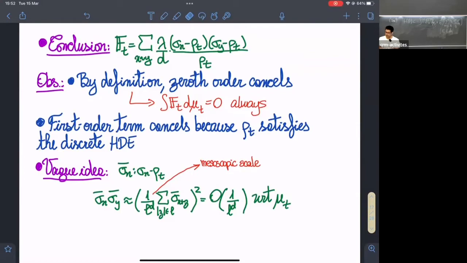And now the question is, does the cost, let's say the capacity or the energy of that flow that you use to solve this optimal transfer problem, can it be estimated by this guy or not? The answer is yes, up to a certain mesoscopic scale, and that is actually what fixes the scale.